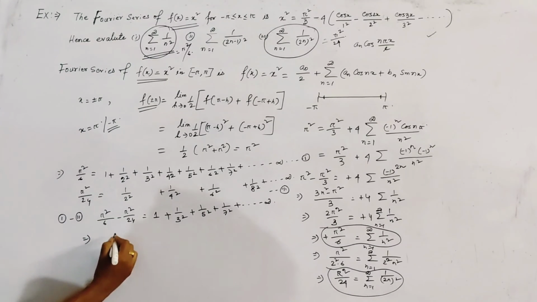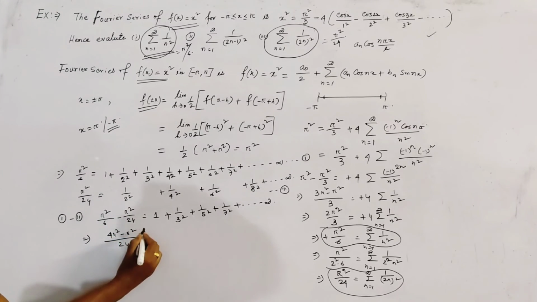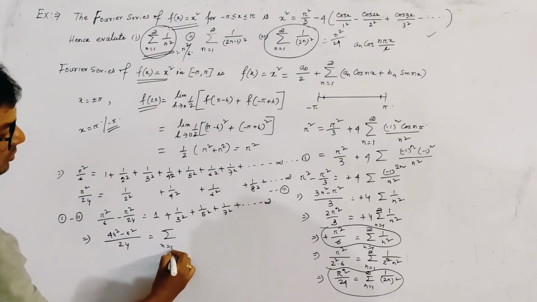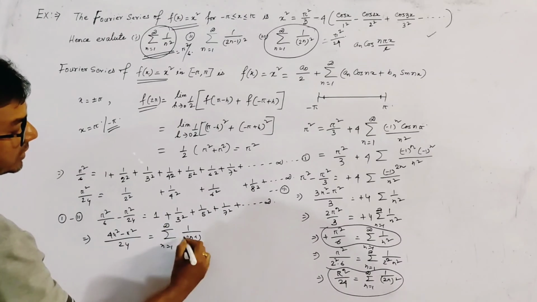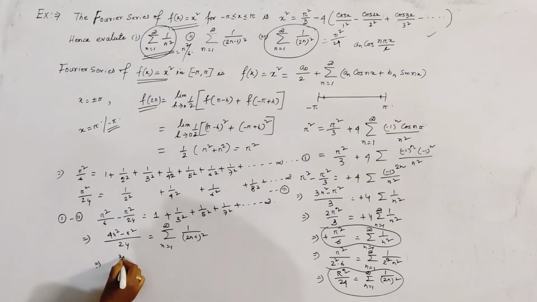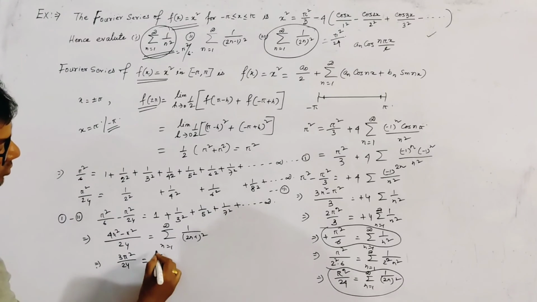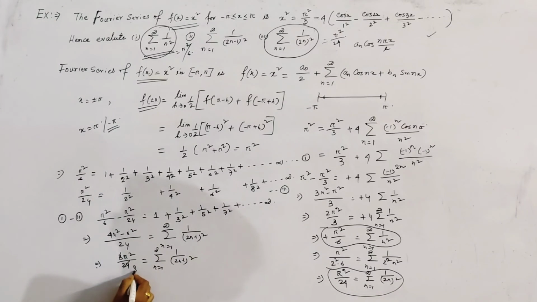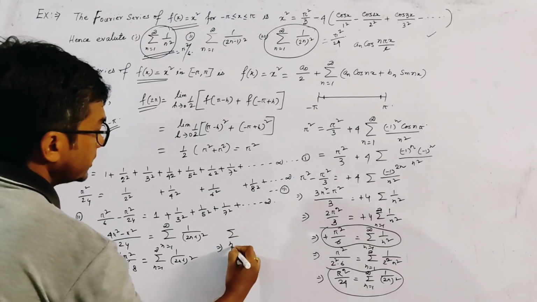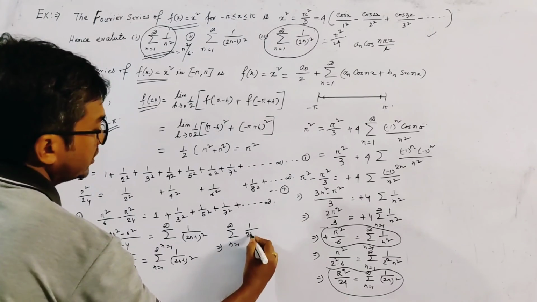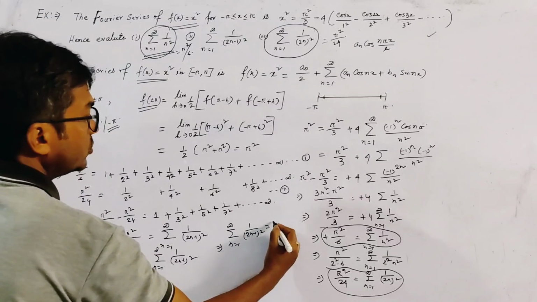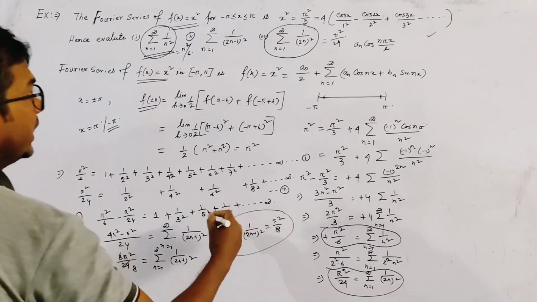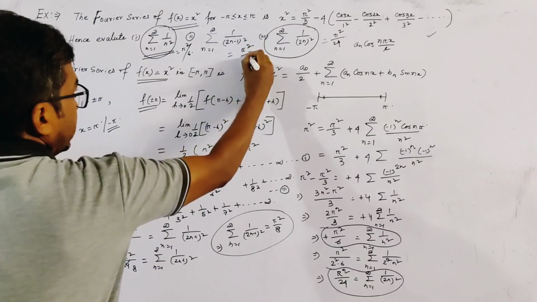The LCM is 24, so this is 4 pi square minus pi square, and the right side is summation n equal to 1 to infinity 1 by 2n minus 1 whole square, and this is 3 pi square by 24. So the result of the series summation n equal to 1 to infinity 1 by 2n minus 1 whole square is pi square by 8.